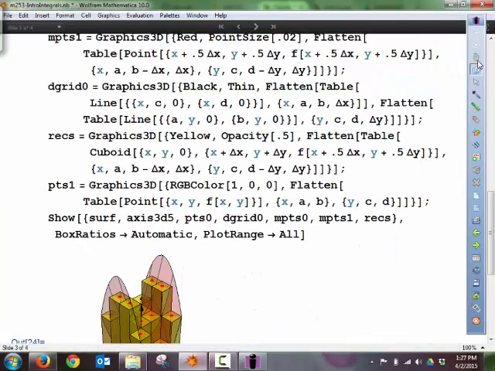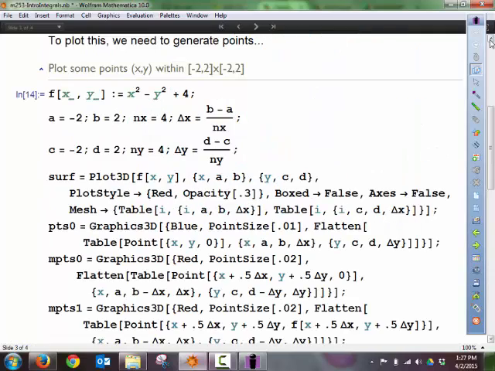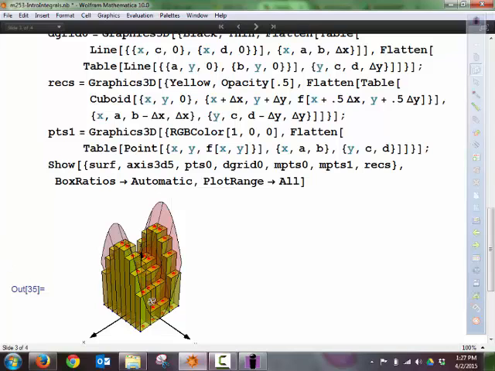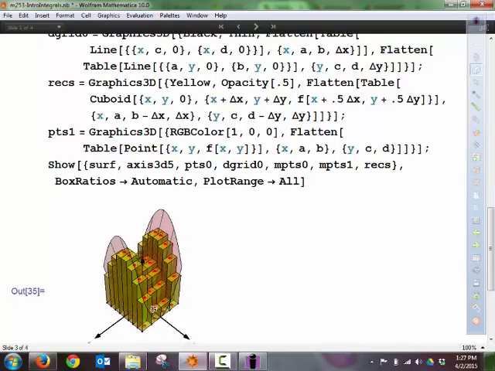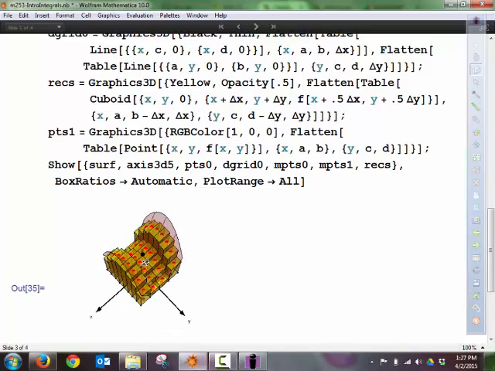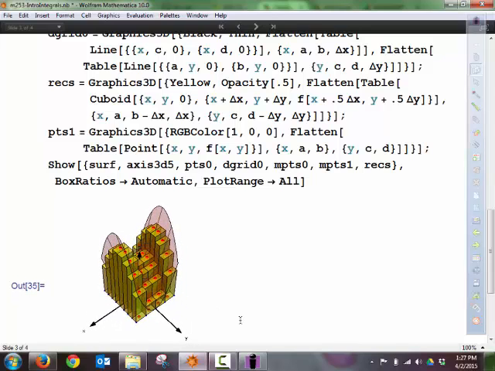Let's take a look at this picture, but instead of partitioning the y's into 4 pieces, let's partition the y's into 8 pieces. And we can see that it's not square anymore. And we still get some sort of approximation to that, right?